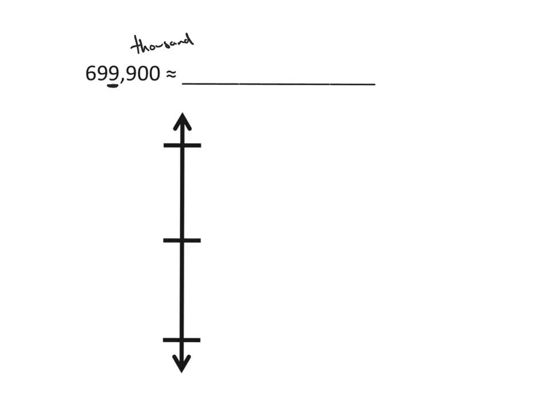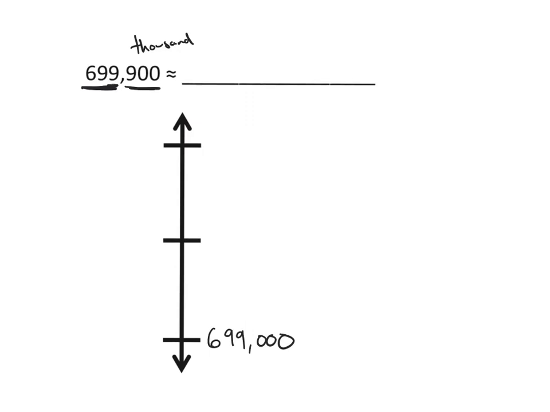It looks like there is a 9 in the thousands place. So I'm going to look at all three of these numbers together to help me determine the lower limit. The lower limit of my vertical number line is going to be 699,000. I pretty much just took these numbers and changed all of these other numbers to zeros.